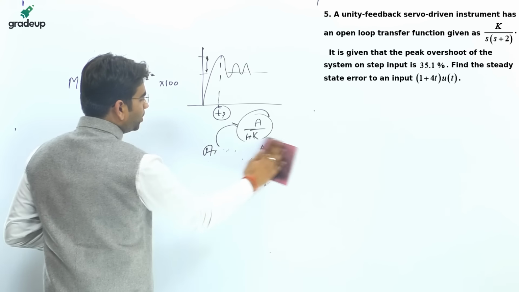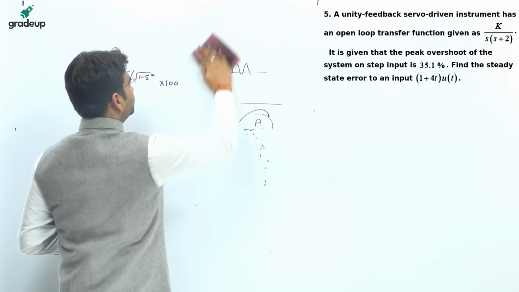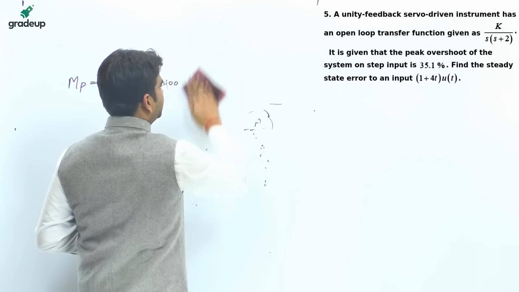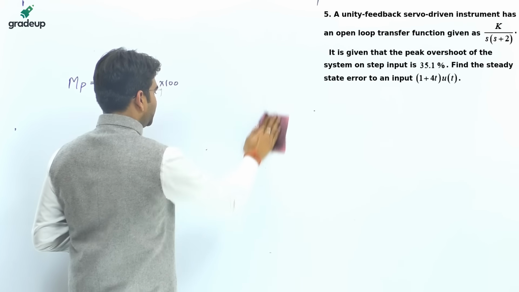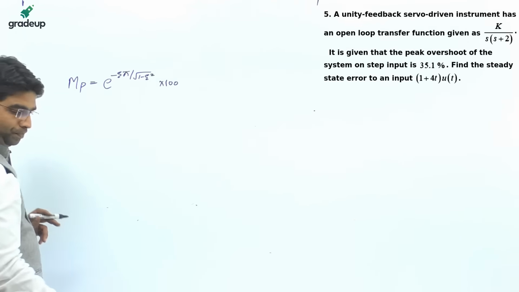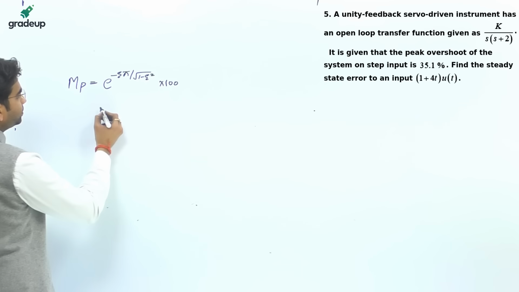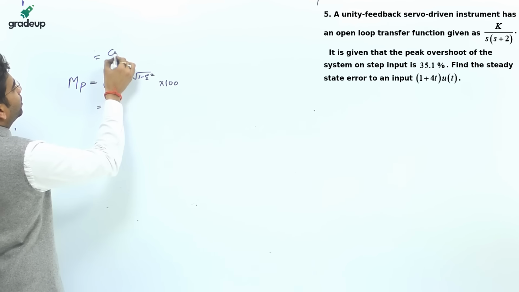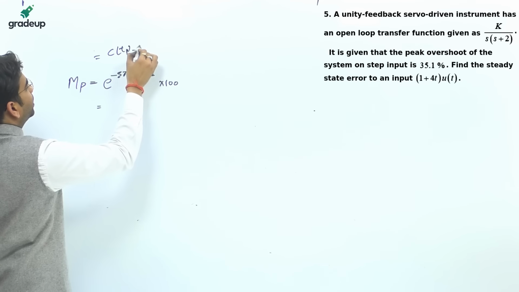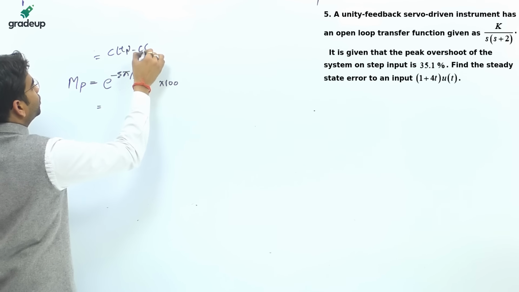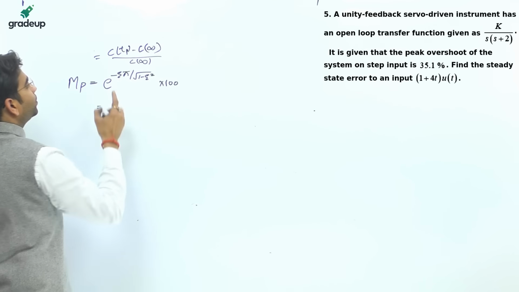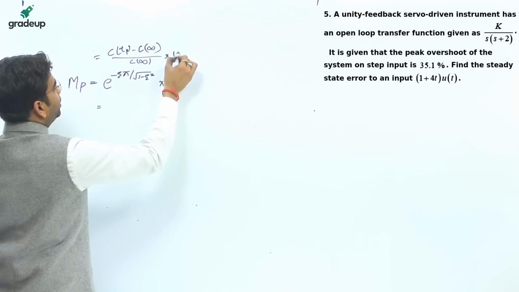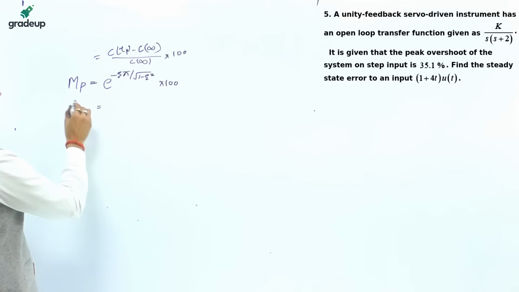Okay. और नहीं भी पता है तो try to generalize that, ये याद कर लो, because question often comes from this peak overshoot, and this value MP will be calculated from C at TP minus C at infinity, C is the response, upon response at infinity into 100. Okay, from there this equation comes.